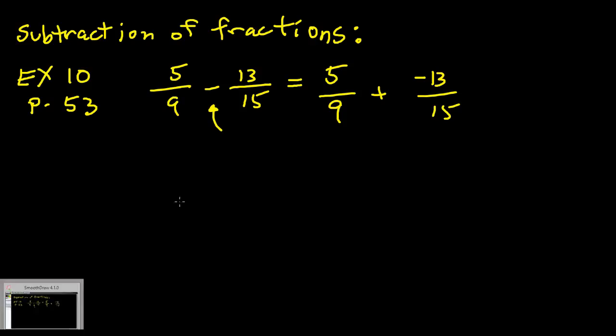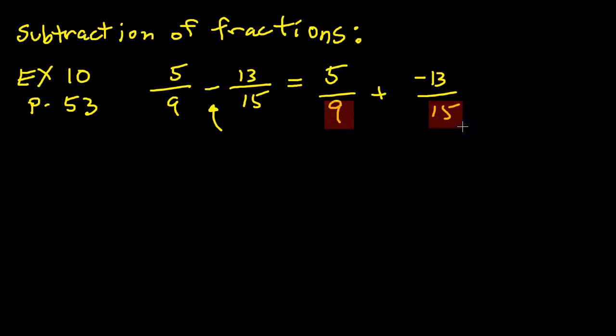All right, 9 and 15, right? What's the least common denominator of 9 and 15? I'm thinking it's 45. Let me write that down.